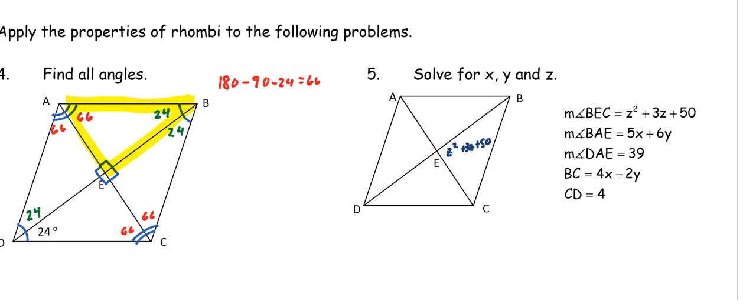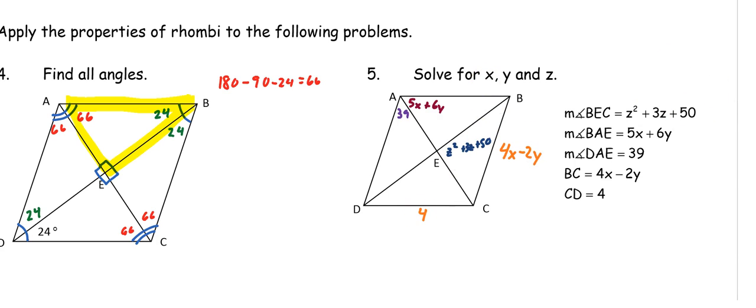They also told us that BAE is 5x plus 6y. DAE is 39 degrees. BC is 4x minus 2y, and CD is 4.